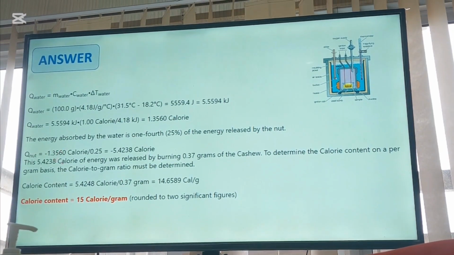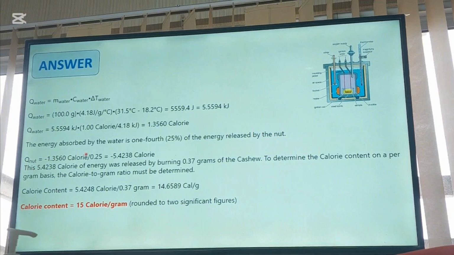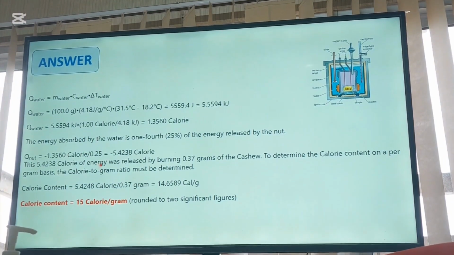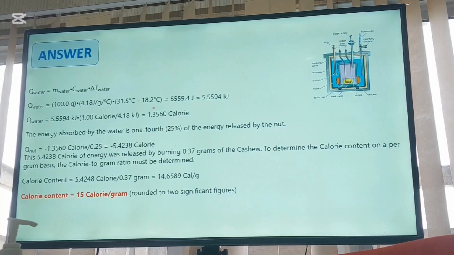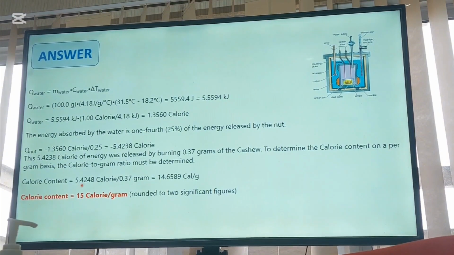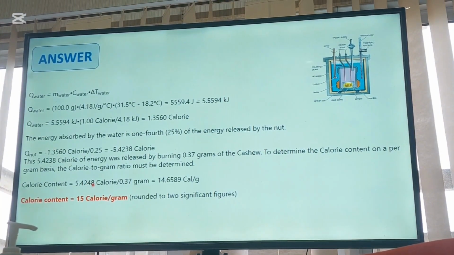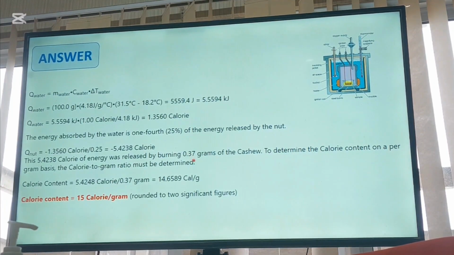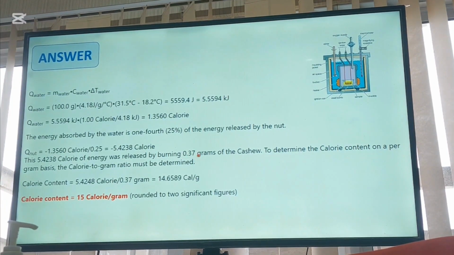So we calculate the Q of the nut by dividing by 25%. So the calorie content will be 5.4248 calories for burning 0.37 grams of the cashew nuts. Okay, easy.